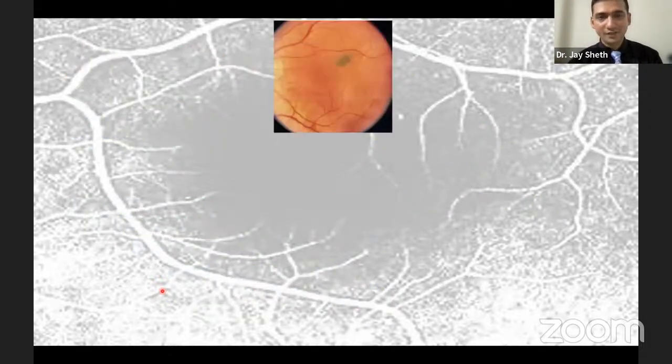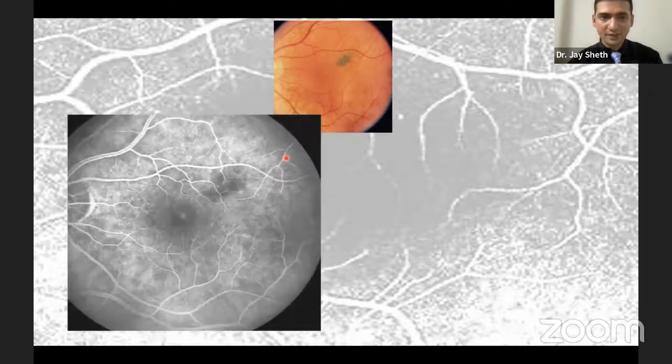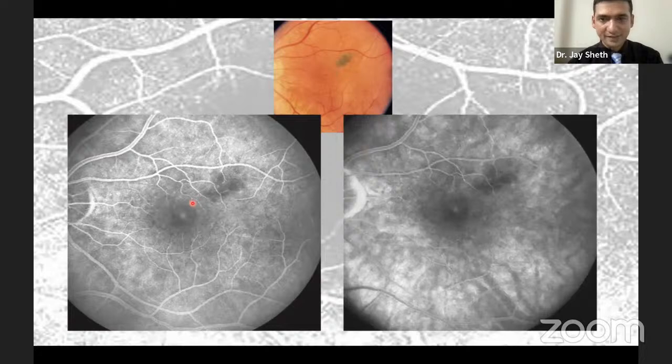This is one of the cases where we can see a very small macular hole in the fundus photograph. When I do a fluorescein angiography, in the early phase, if we look at the macular area, there is hyperfluorescence, and in the late phases the hyperfluorescence remains. But what is the differentiator for a window defect?